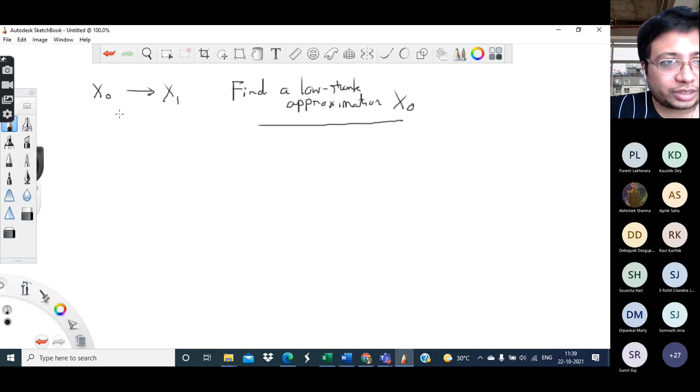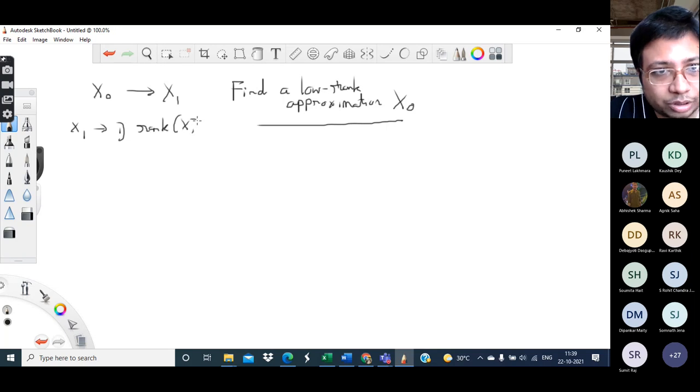So I want two things. When I am talking about x1, x1 should have two properties. One is that it should have low rank, that is, the rank of x1 should be as low as possible, in other words bounded by some value k.